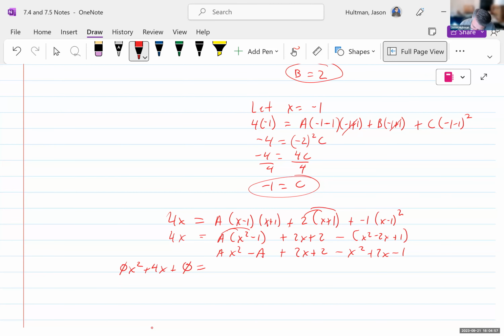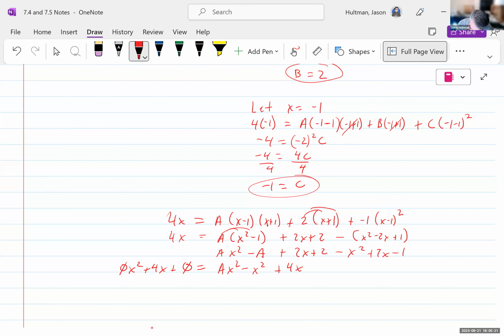Okay. And I'm just going to group some terms here. I'm going to say ax squared minus x squared. Okay, just rewrite this a little. And then go to the x's. This is 2x plus 2x. That's 4x. Okay, that's good. Okay, 2x plus 2x is 4x.